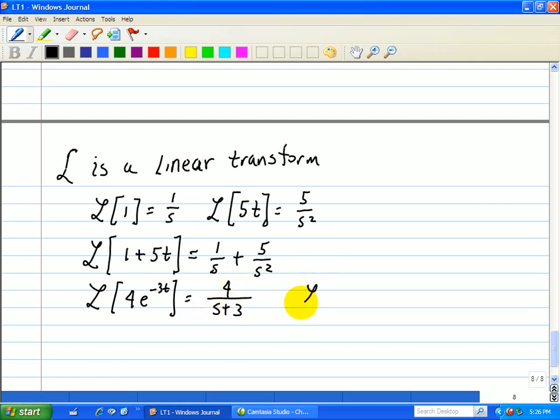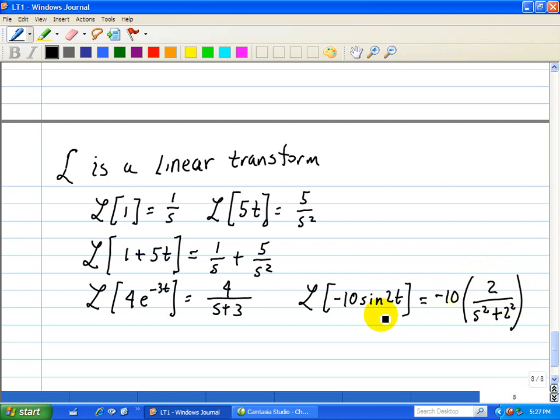And the Laplace transform of minus 10 sine of 2t is simply minus 10 times 2 over s squared plus 2 squared, or 4.